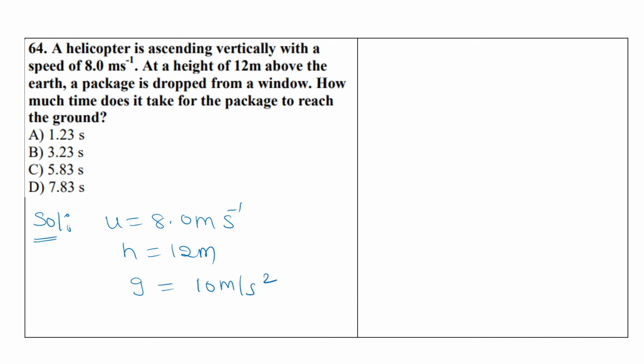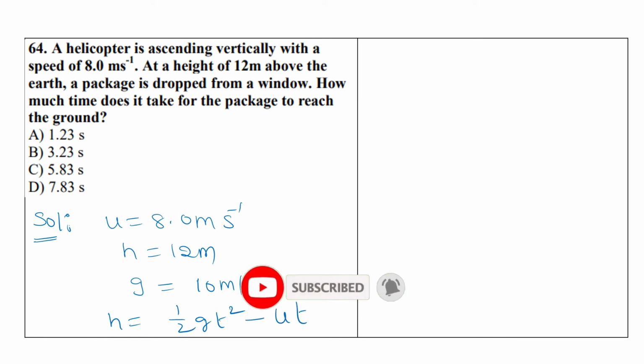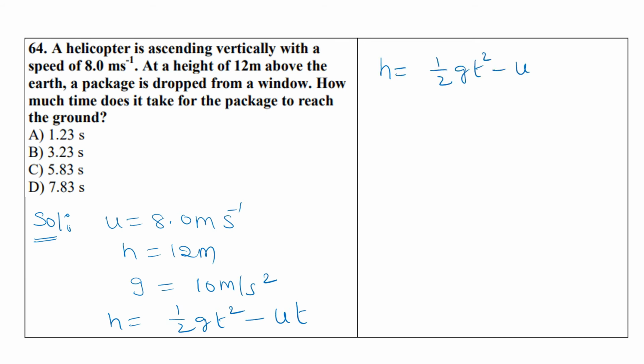So h is equal to half g t square minus u t. Here we have to calculate the time taken. How much time does it take for the package to reach the ground? So h is equal to half g t square minus u t.